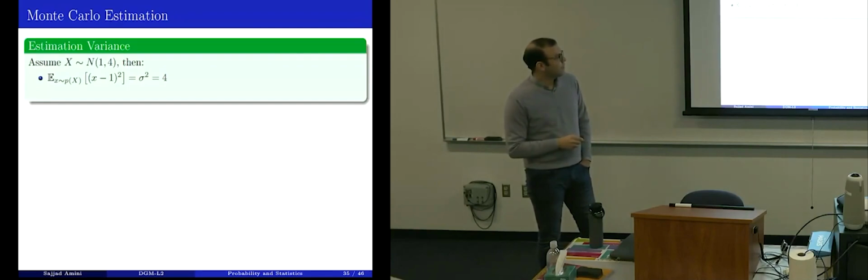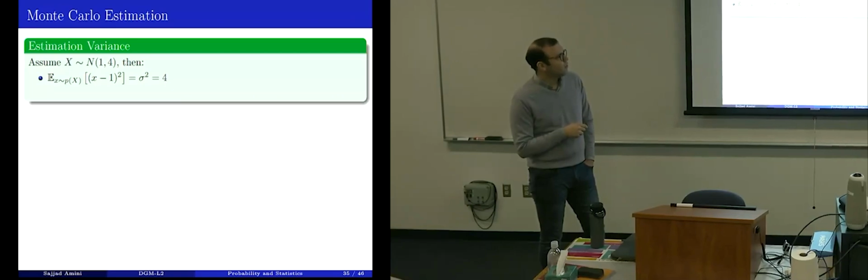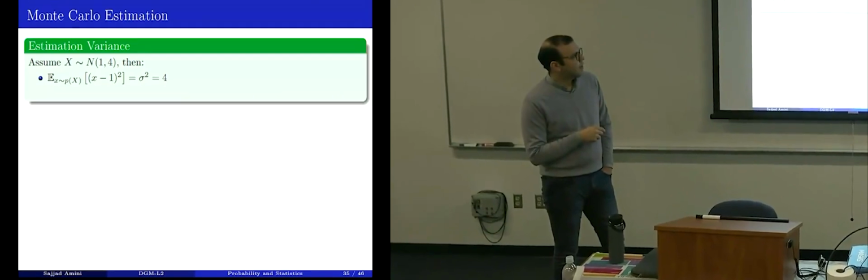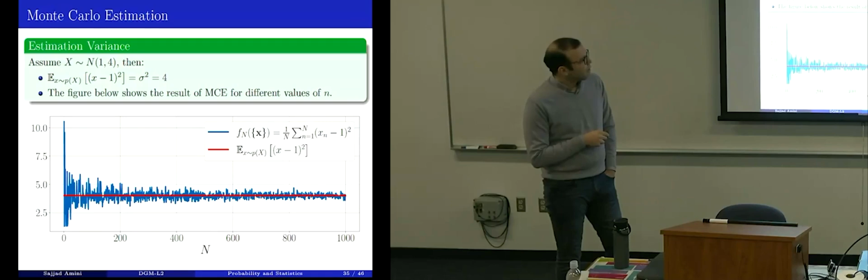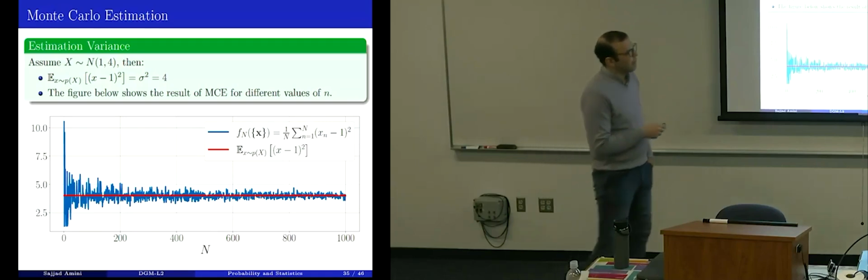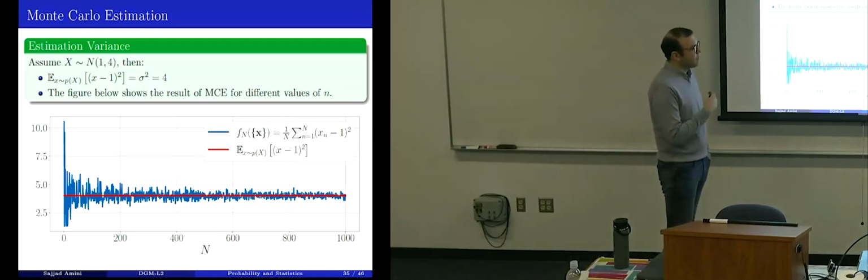Assume that I have a Gaussian random variable with mean 1 and variance equal to 4. We know that the expectation of this function is equal to the variance of the distribution, which is 4. This is easily understood from the definition of variance. But assume that I use independent samples from the distribution to calculate this expectation using Monte Carlo estimation.